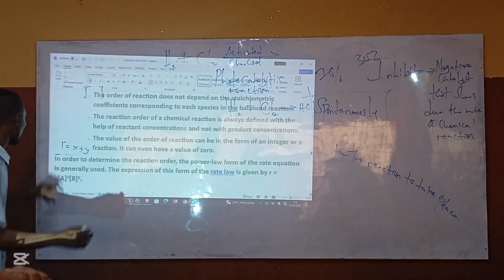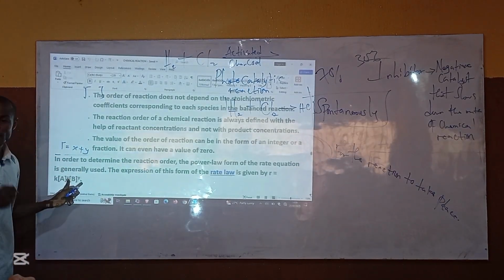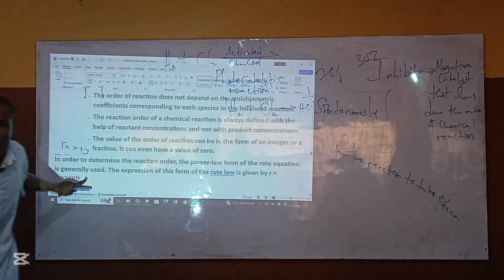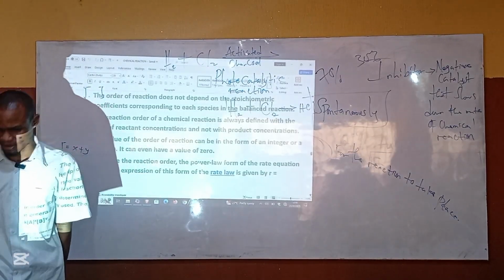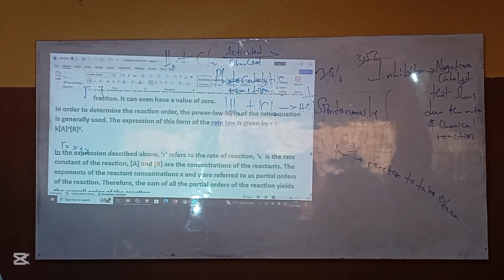I get it now. So I can say x plus y. How high the concentration is will be indicated in the power, in the exponents. But no problem, let's go on. Now, all that is designed by the rate law.